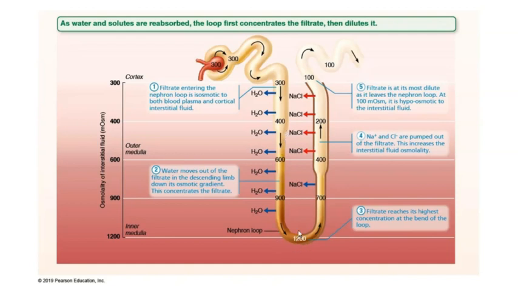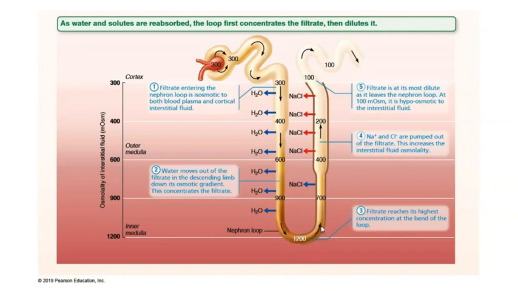At the hairpin turn, the filtrate reaches its highest concentration, up to a maximum of 1200 milliosmoles at the base of the nephron loop. So it's basically 4 times saltier than it started, since 1200 is 4 times more than our 300 milliosmoles. The filtrate is 4 times more concentrated than it began as.